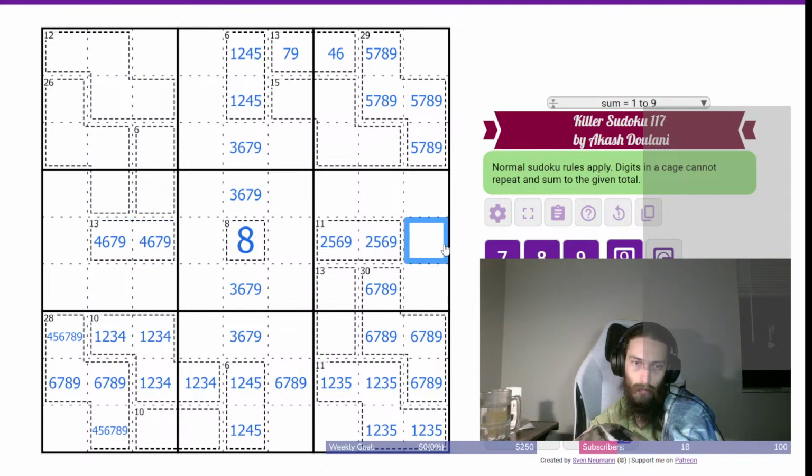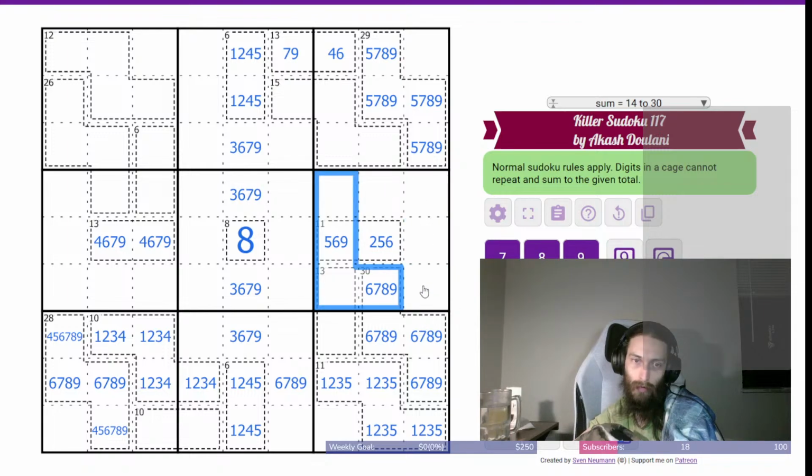Yeah. 7, 8, and 9, remove a 9 from here. Where can I even put 7, 8, and 9 in this box?